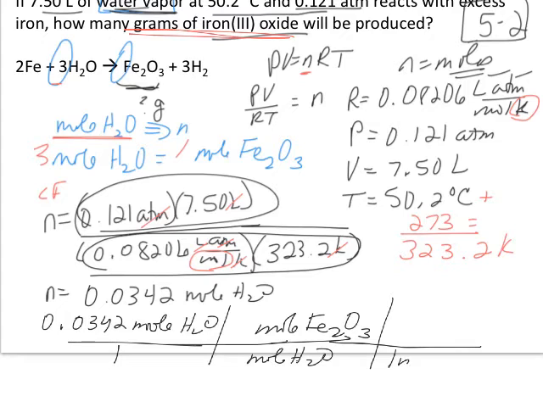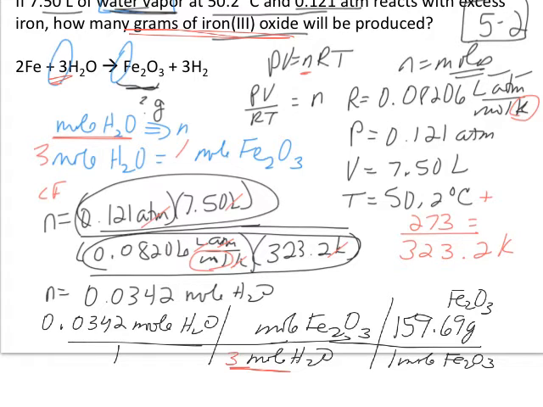So we're going to use the molar mass, 1 mole of iron oxide, and then if we look at the periodic table and we add 2 irons plus 3 oxygens, you should get 159.69 grams of iron oxide. And then what's the numbers that we put here for mole of water? Yes, the coefficients.